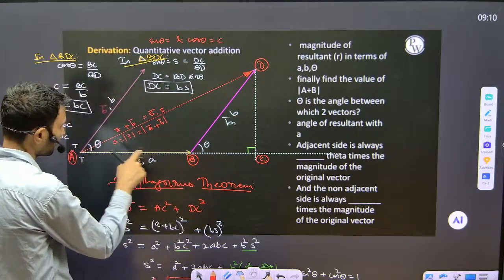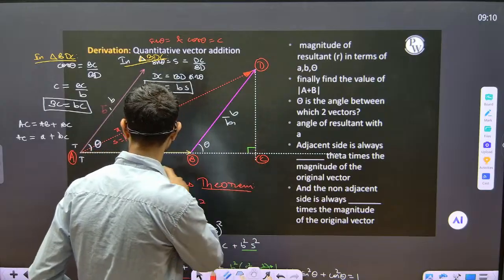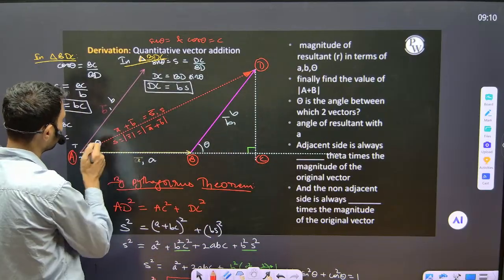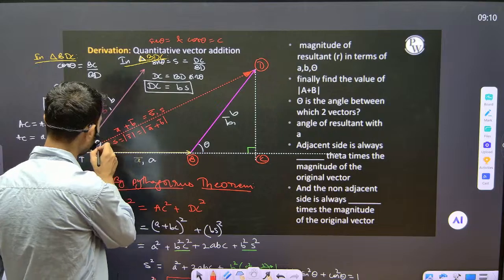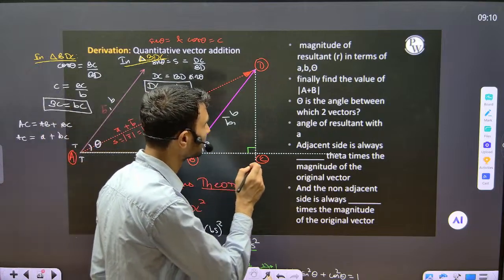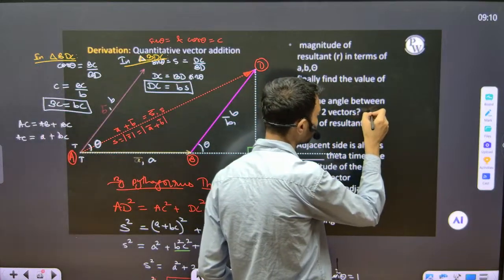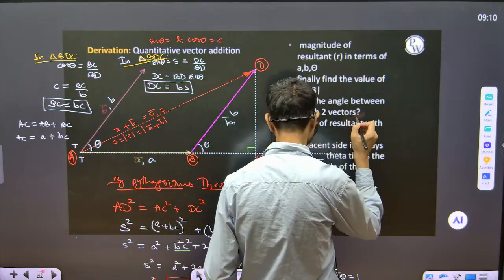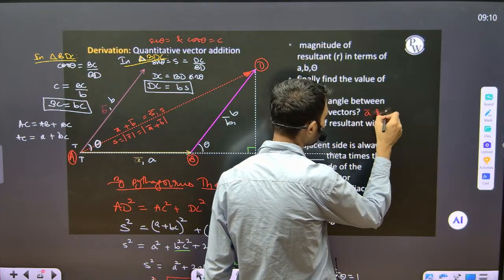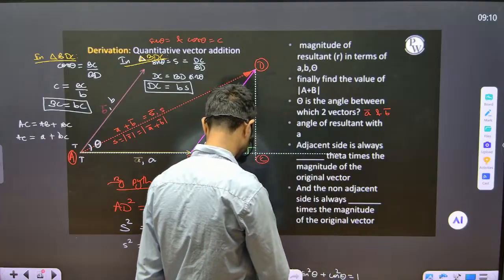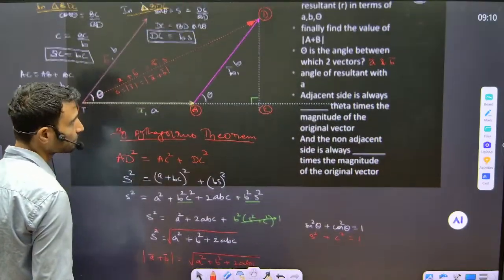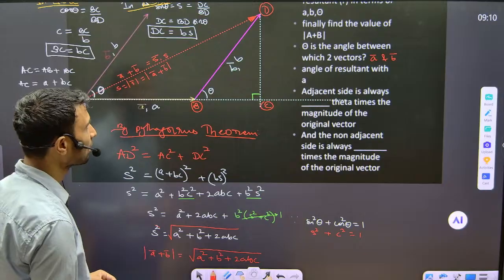You can see here, this A vector and this B vector and their tails are together. So this angle theta must be the angle between the vectors. So theta is the angle between which two vectors? Answer is A vector and B vector. Right?